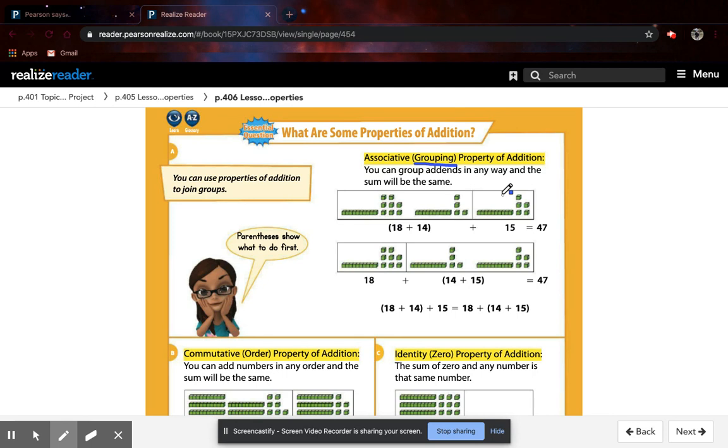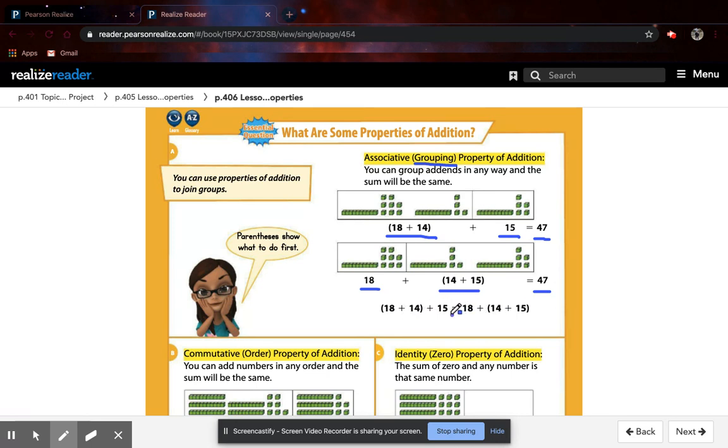So again, no matter what order you add in, your sum will be the same. So if I add 18 plus 14 first, and then I add that to 15, I'm still going to get 47 as my answer, as if I were to add 18 after I added the 14 and 15 together first. Still getting 47. And down here, it's not telling you, oh, add all of these numbers together.